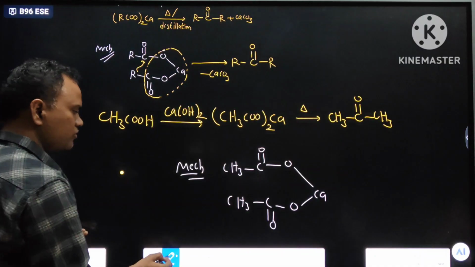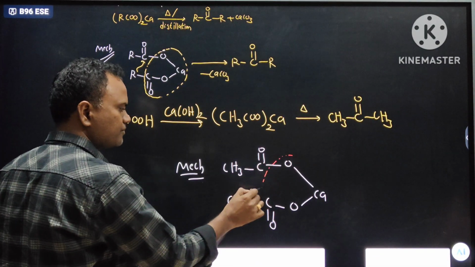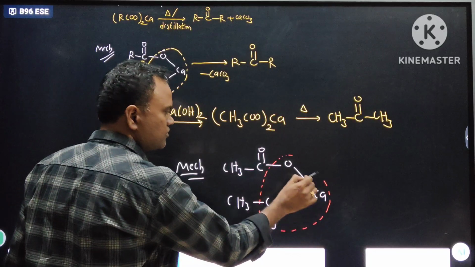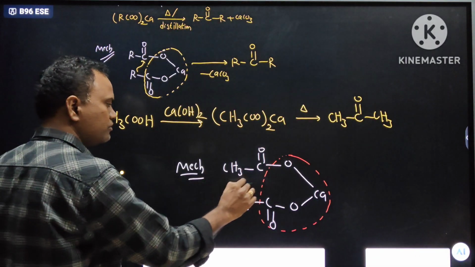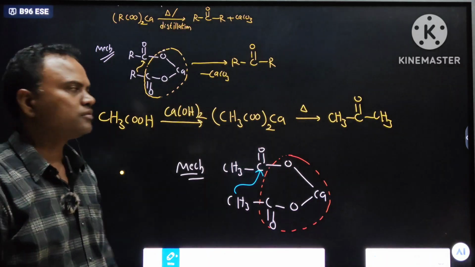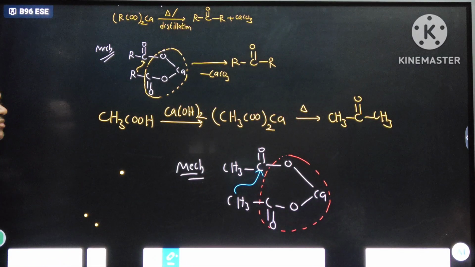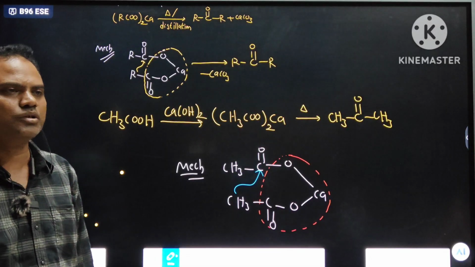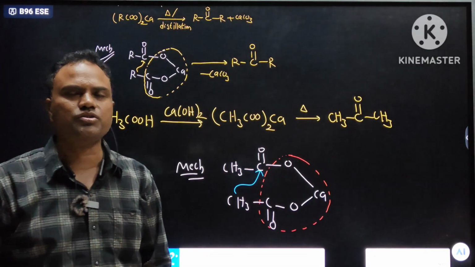So what do we have to remove? CaCO3. Remove this, and attach the methyl group to the carbon to form acetone. Okay, same shortcut mechanism. Next, keep reading.